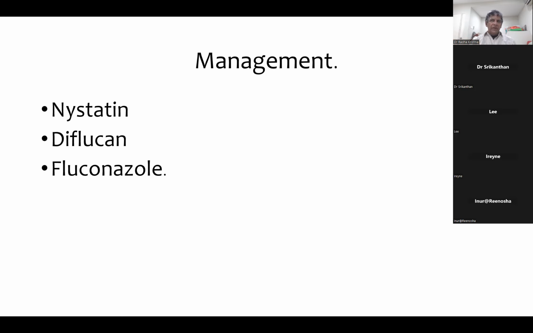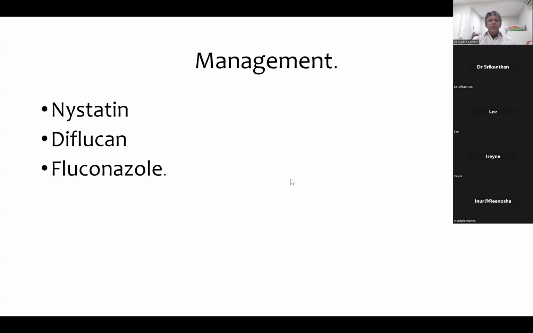And again, we have to be very careful because this patient is already compromised in terms of GFR. If you are irregular on fluconazole, they build resistance to the drug, and they form a biofilm around it, and they become resistant to fluconazole.